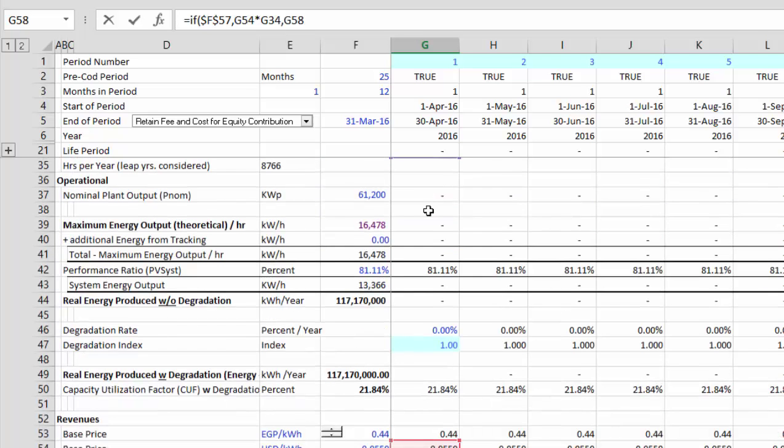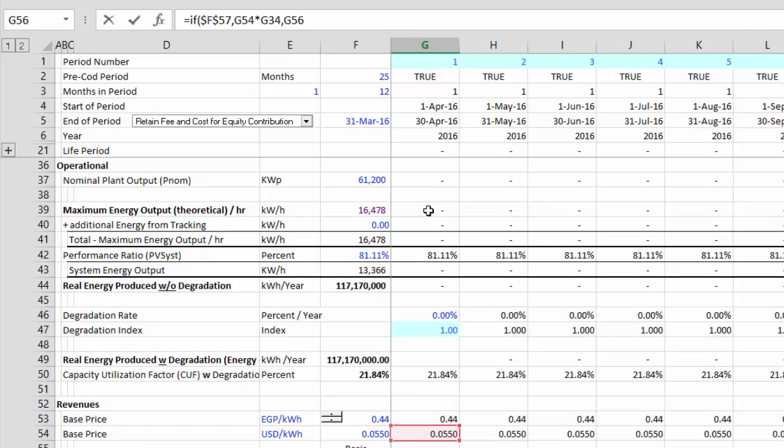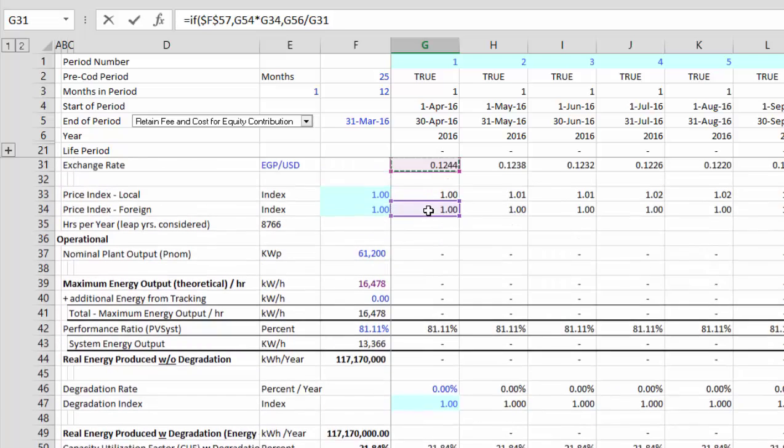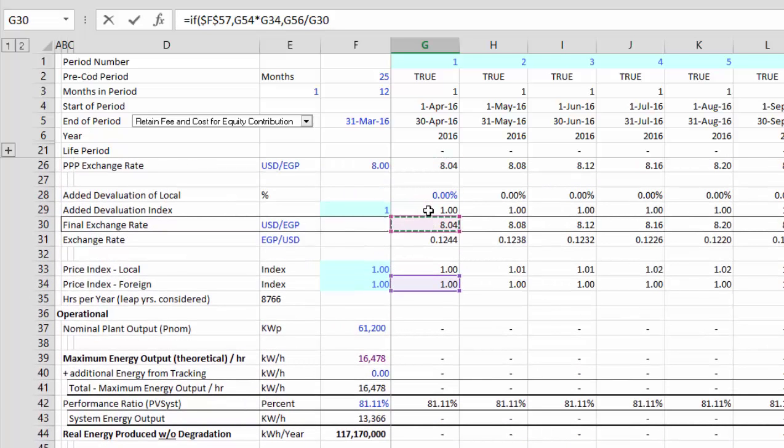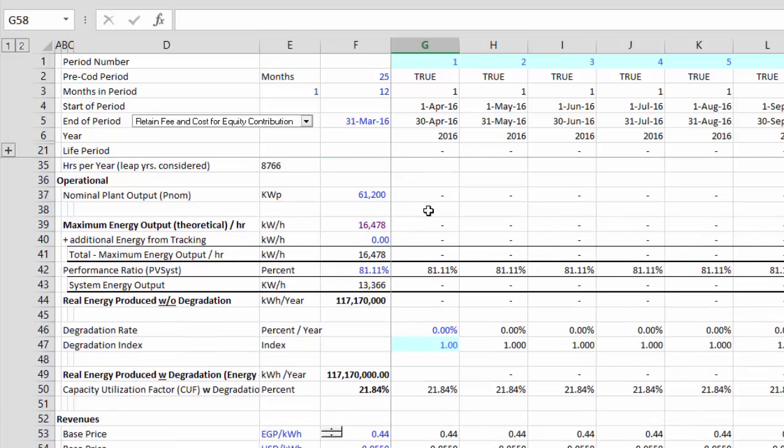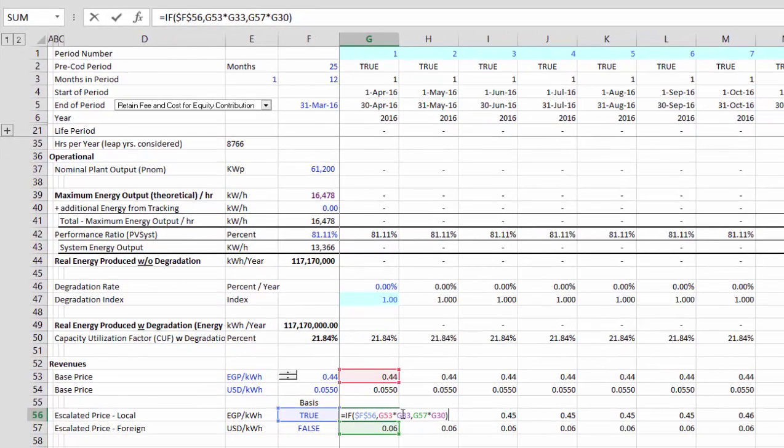Otherwise, take the local price and divide it by our adjusted final exchange rate. Okay, so this was, we multiplied it by 33, and this one, if it was true, we multiplied it by 34.